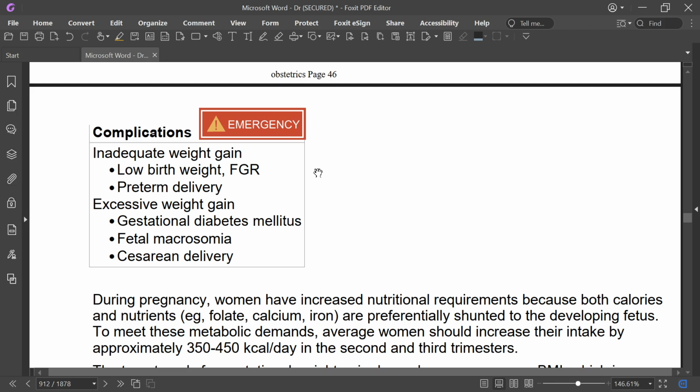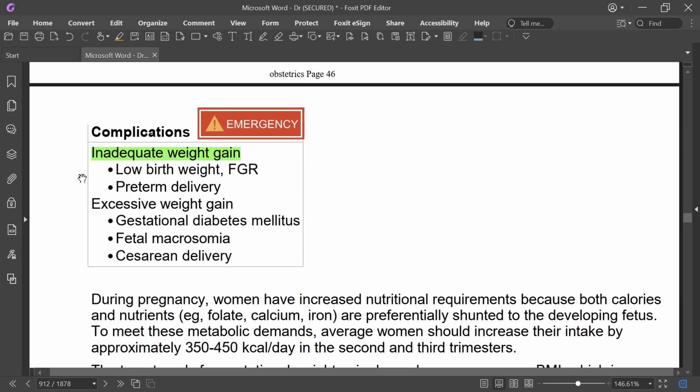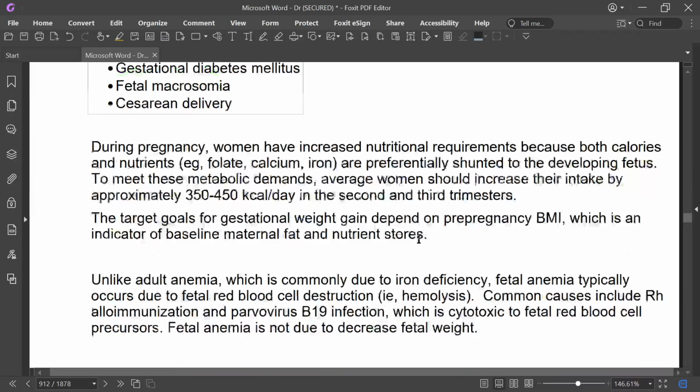If there is excessive weight gain, there may be gestational diabetes mellitus, fetal macrosomia, and cesarean delivery.